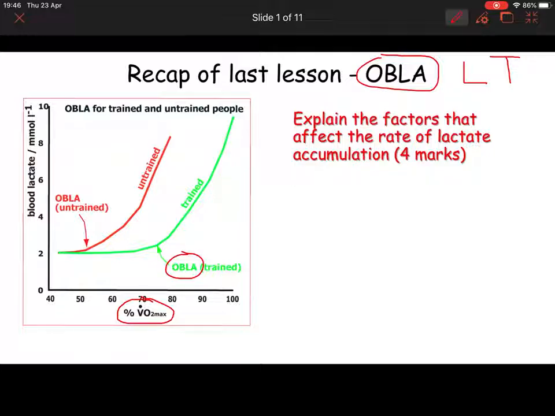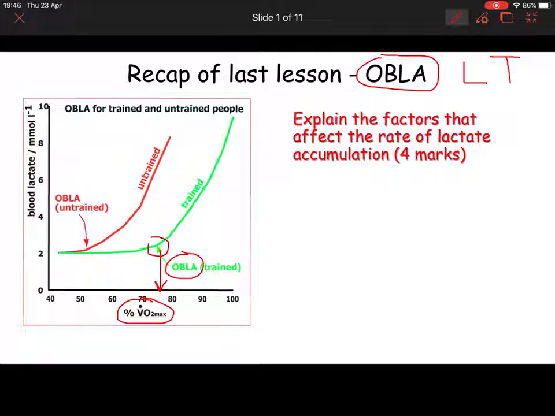So you can see here with the untrained and trained individual that the untrained individual has a lower VO2 max, and therefore their OBLA, the point at which lactate starts to accumulate in the blood, occurs much earlier. Okay, and you can see here that it's a much higher percentage of VO2 max.